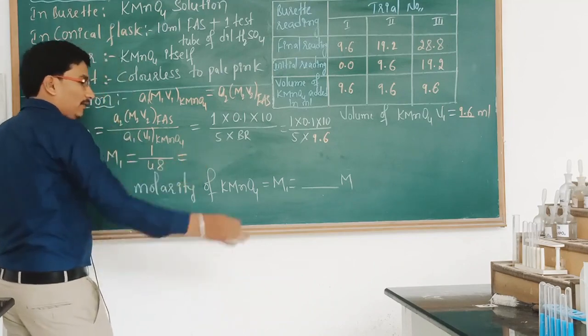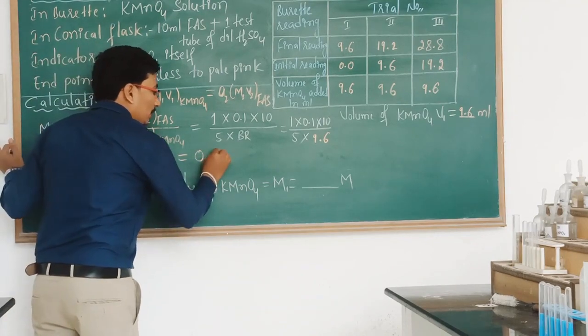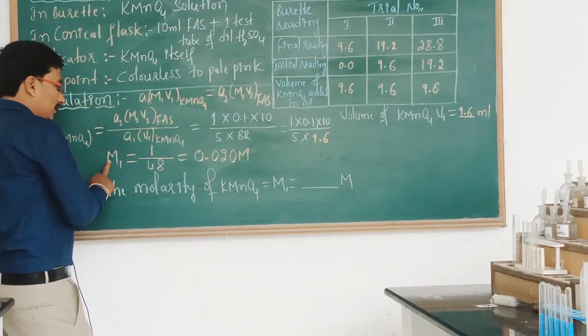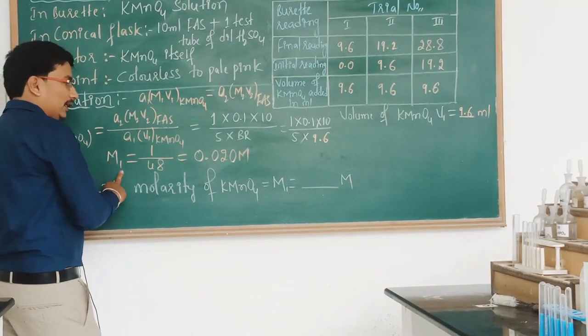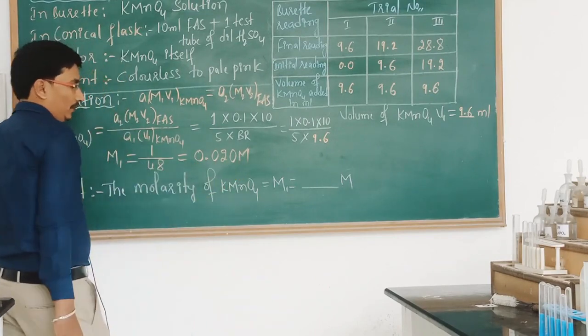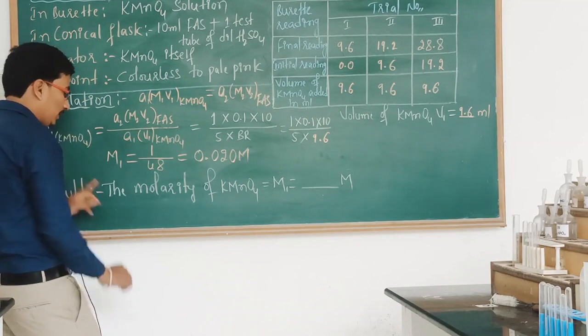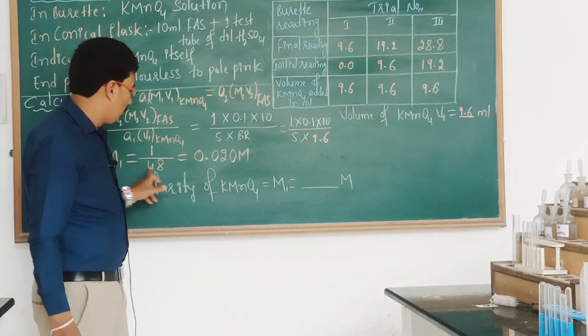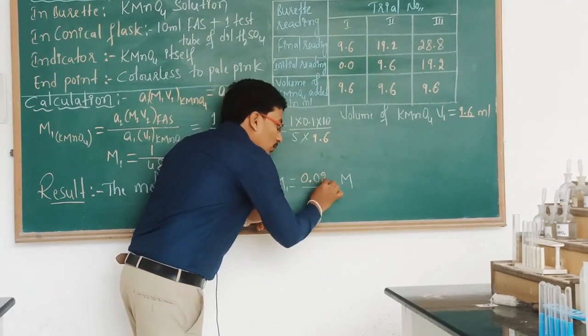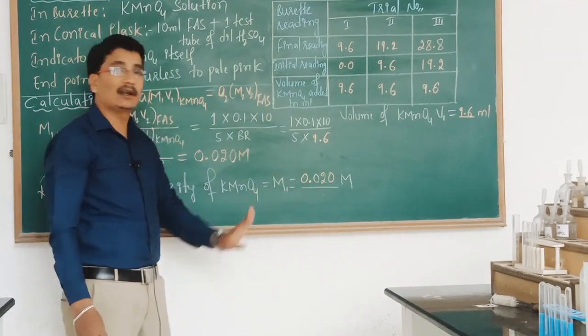By solving this we get 0.020 M. This is the unit of molarity. The molarity of KMnO4, M1, is equal to 0.020 M. This is the result of the experiment.